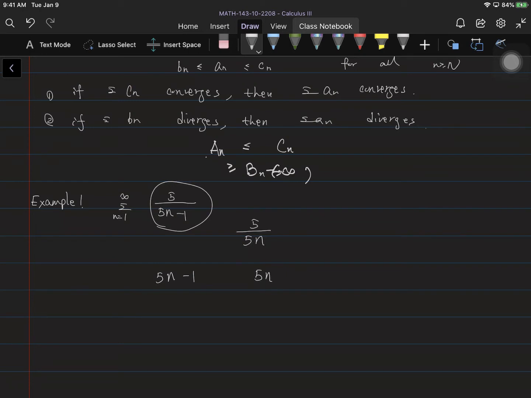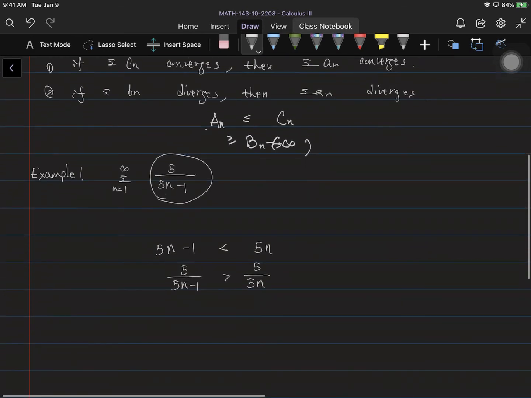Who is larger? 5n minus 1 should be smaller than 5n, right? And then, because it's in the denominator, 5 over 5n minus 1 should be larger than 5 over 5n. Opposite way. And this is 1 over n actually.